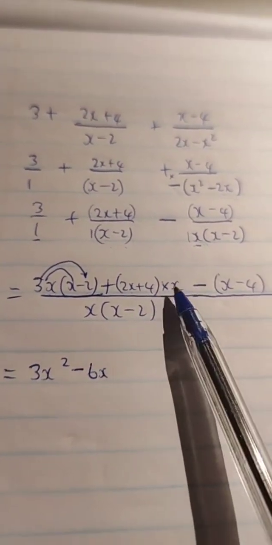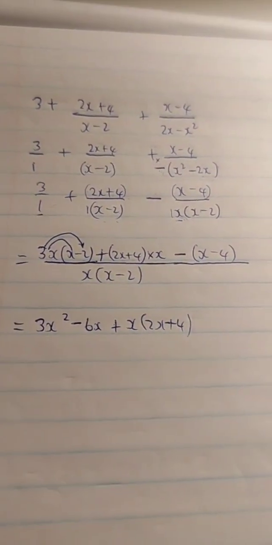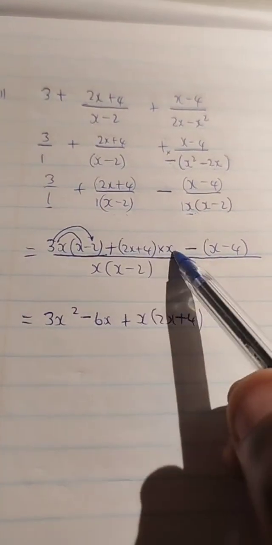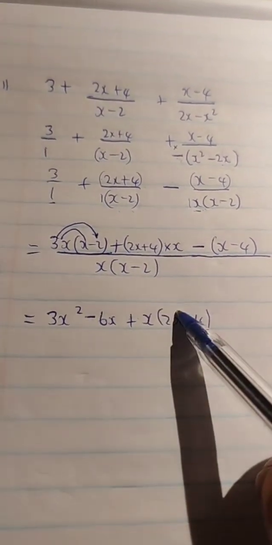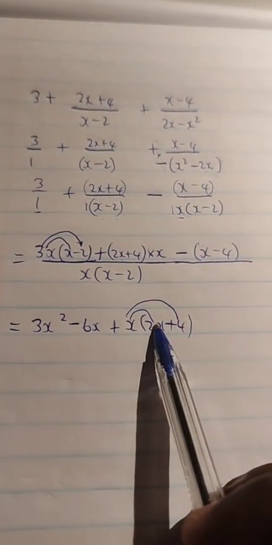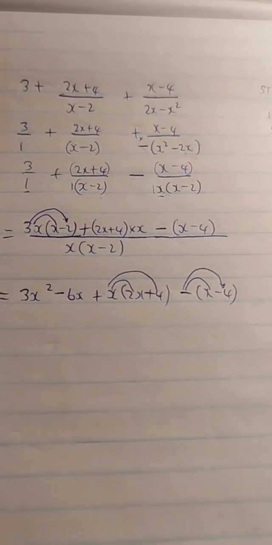And this x is actually x into 2x plus 4. Multiplication is commutative. It's a positive x into 2x plus 4. So I'm going to also distribute this x inside here. Then it's a negative into x minus 4. I'm also going to distribute the negative sign inside the bracket.